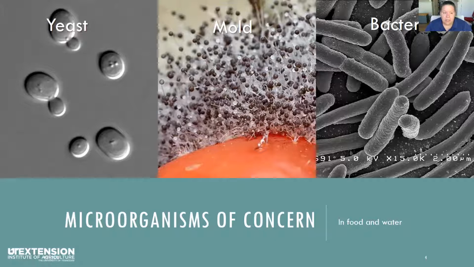Mold is also a spoilage organism, and it's frequently known as the fuzzy growth on foods. You can see in this picture here some of the fuzzy growth on a food product. And then among microorganisms, bacteria is not all harmful, some are even beneficial. Bacteria is used for fermentation, and it's typically used to make cheese, pickles, soy sauce, sauerkraut, vinegar, wine, and also yogurt.